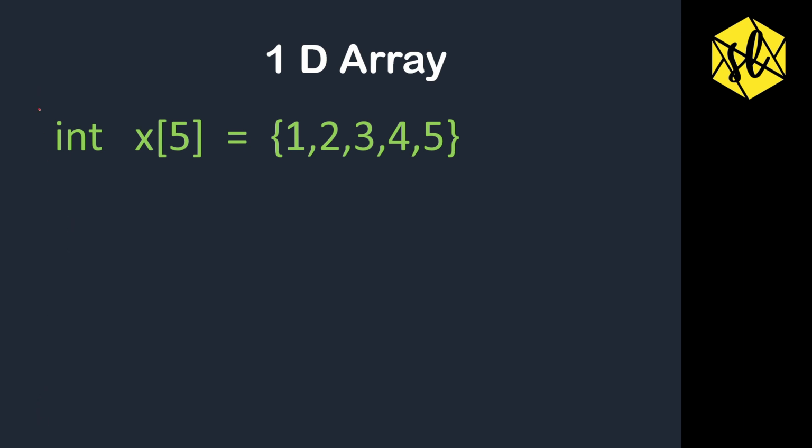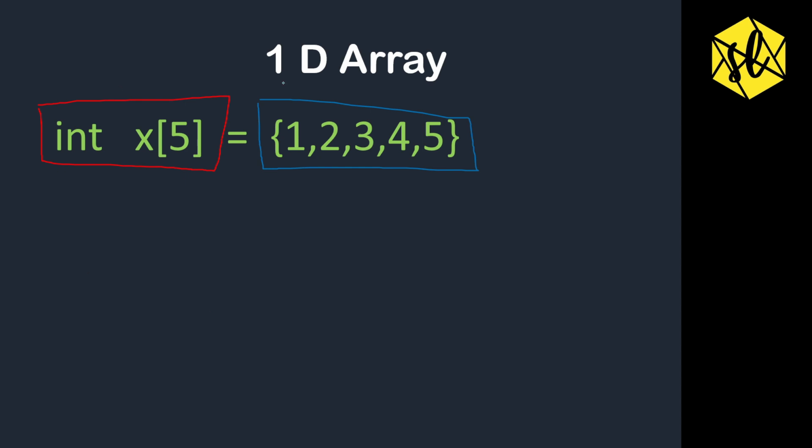So this part is declaration, that we want to allocate memory of size 5 whose name is x, and the data inside must be of integer type. Now after that we have initialization. In this we are just initializing each value in that array with some values.